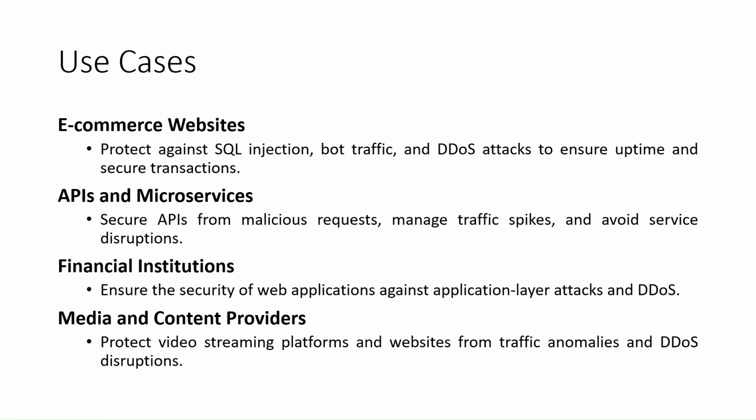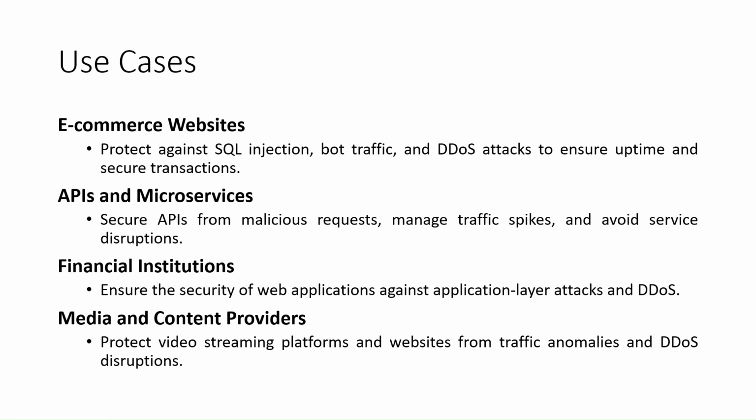E-commerce websites are often targeted by attacks like SQL injection, where the attacker tries to steal or manipulate data from the database, bot traffic, like automated programs that can overrun the site, and DDoS attacks, which means flooding the site with too much traffic.